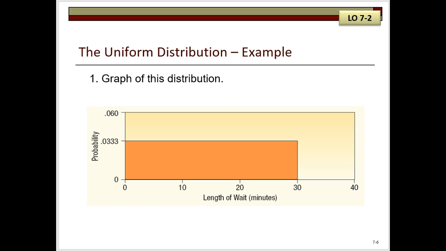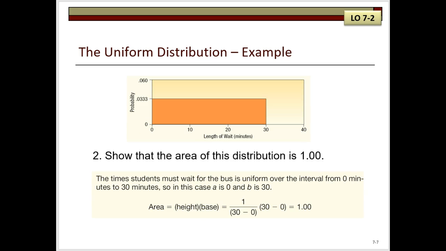The graph of the uniform distribution for the bus problem described in the previous slide is shown here. The horizontal line is drawn at a height of 0.0333, found by 1 divided by the difference between 30 and 0. The range of this distribution is 30 minutes.